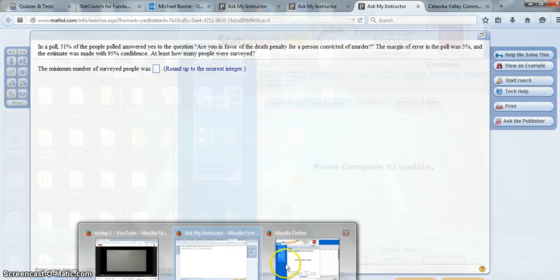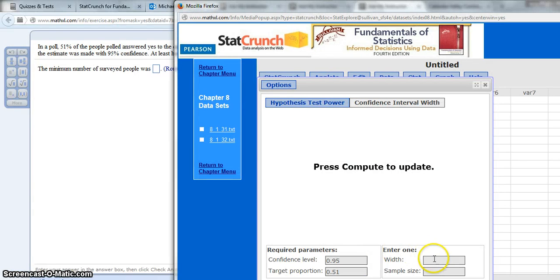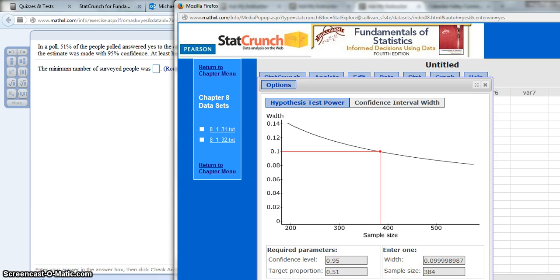If it's 5%, that width would be 5% to the left and 5% to the right. So we'd have a width of 0.10. And now we can compute our sample size, and we get 384.